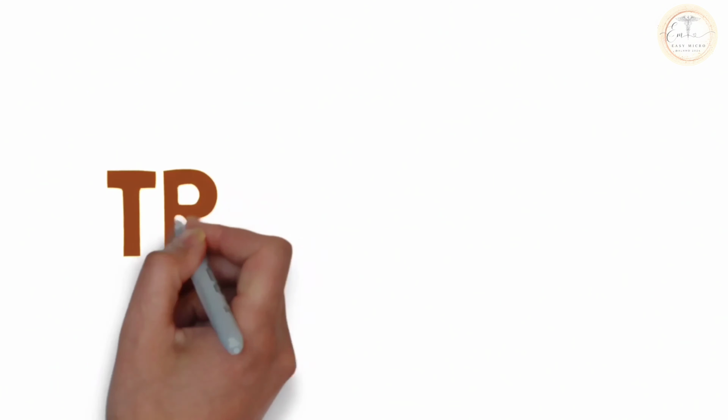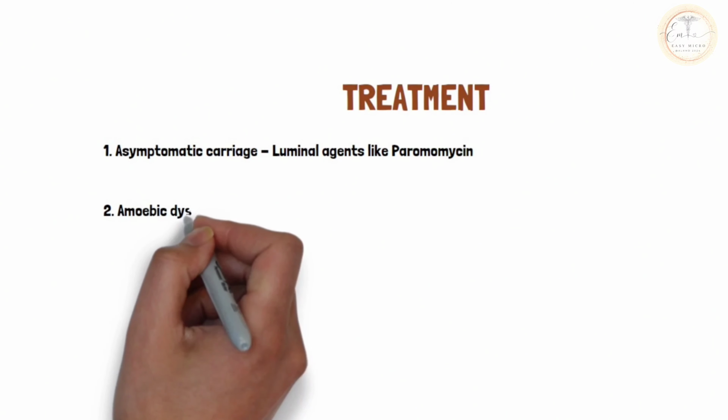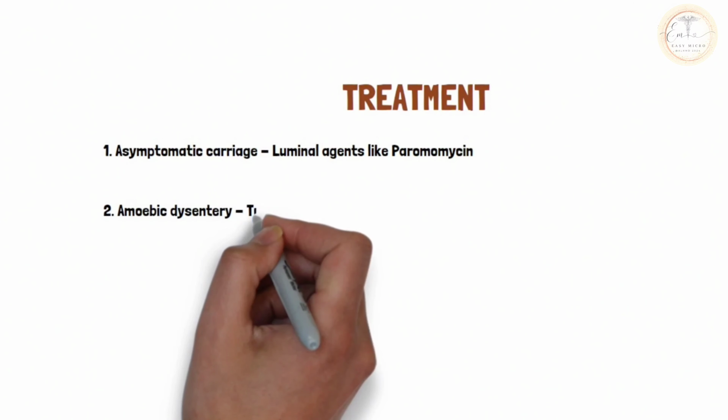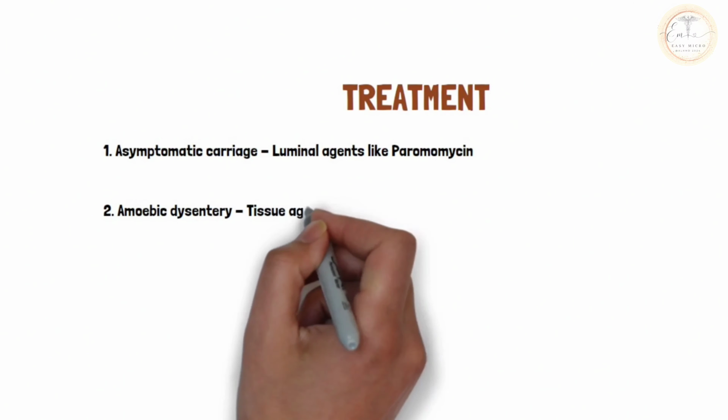Finally, now let us discuss the treatment. In asymptomatic individuals, in whom the trophozoites are inactive, we treat them with luminal agents like paromomycin. In amoebic dysentery patients, in whom the trophozoites are active, we give them tissue agents like metronidazole for 10 days along with the luminal agents.